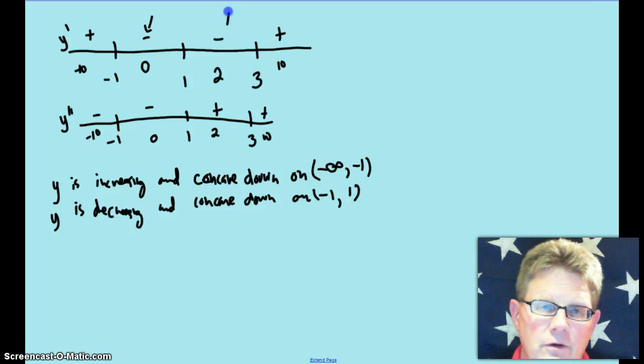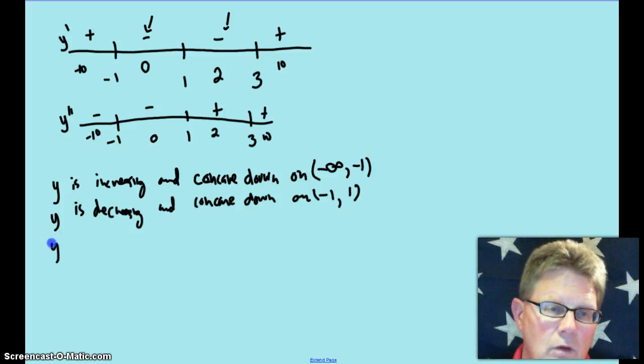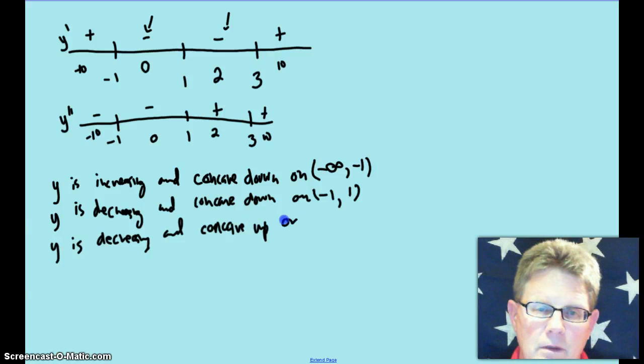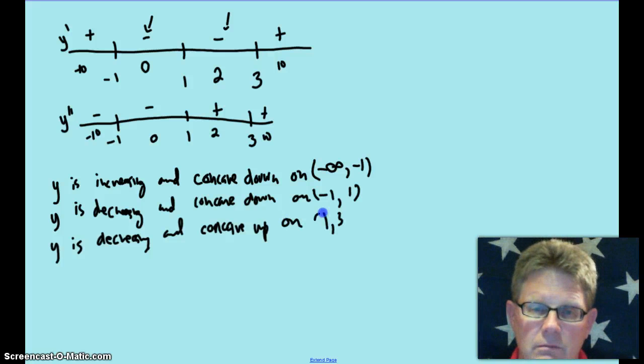Okay, third interval, y is still decreasing. First derivative is negative. Second derivative now is positive. So now it's concave up on 1 to 3.